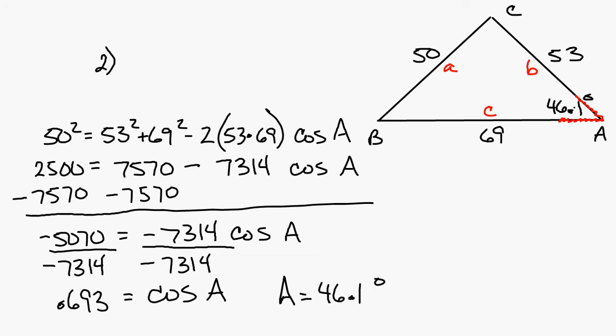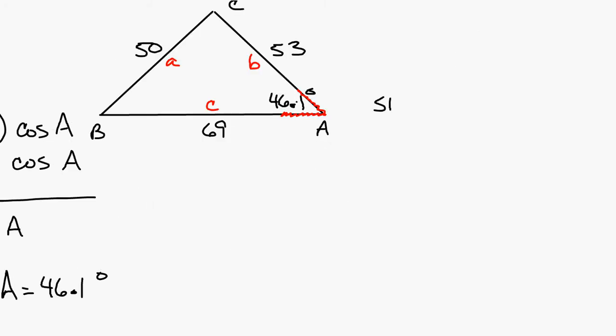Now that you know angle A, you can use the law of sines to find angle B or angle C. So we're going to find angle B. The setup here would be the sine of 46.1 over its opposite side, which is 50, equals the sine of angle B over 53.